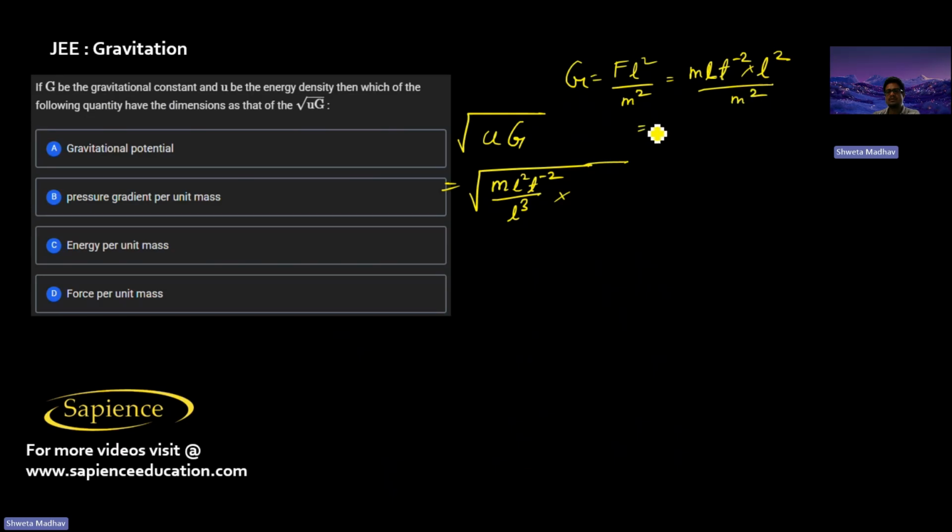So it will be M power minus 1 L cube T power minus 2.